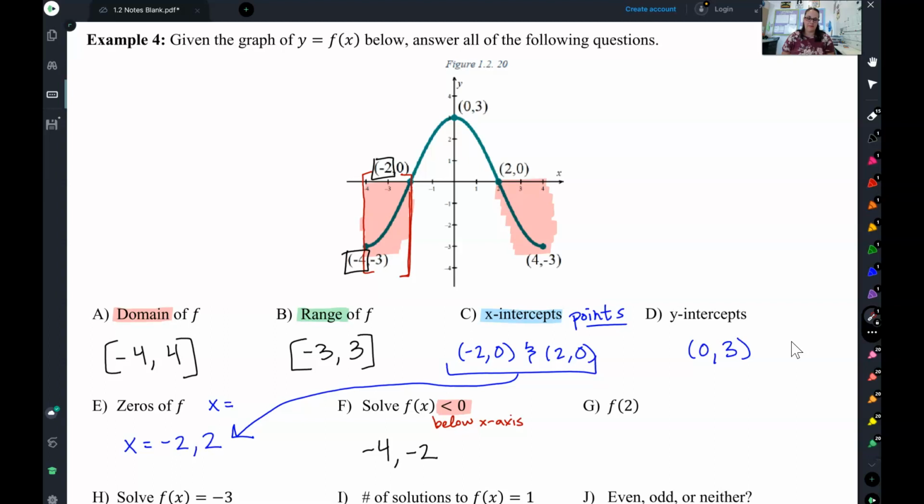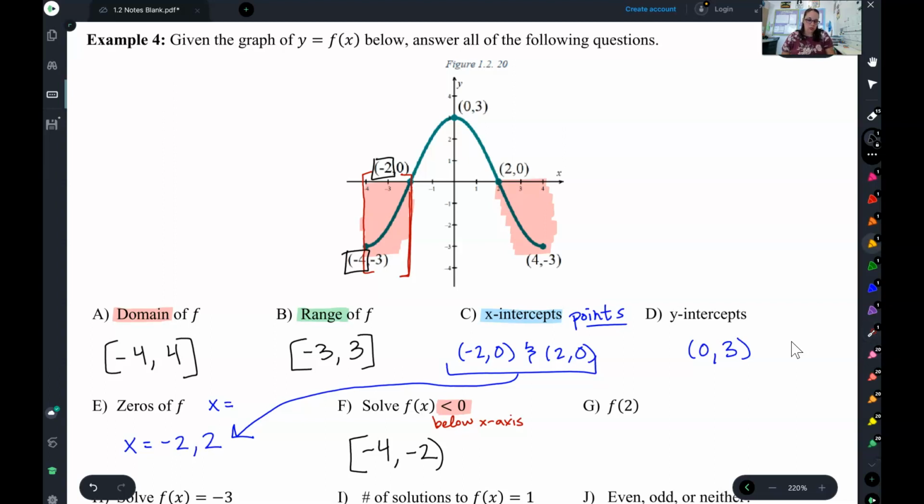Now let's talk brackets. -4, this point is below the x-axis. So I want a bracket. Let's talk this point right here. The question is, is this point right there less than 0? No, that point is equal to 0, and we do not have a little equals bar underneath this less than. So I want a parenthesis.